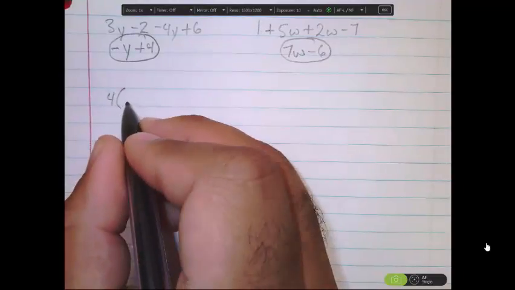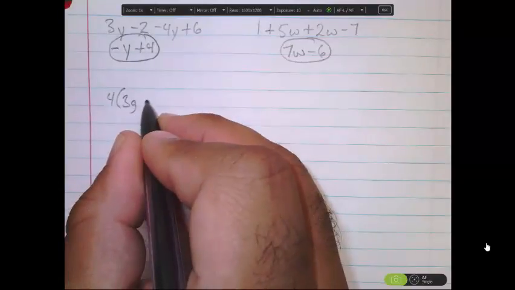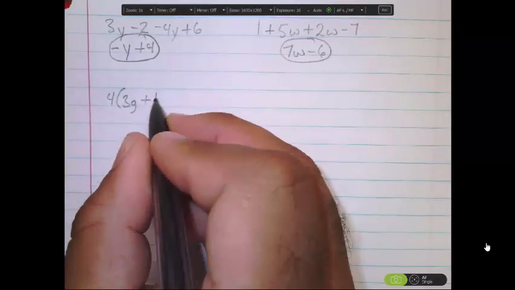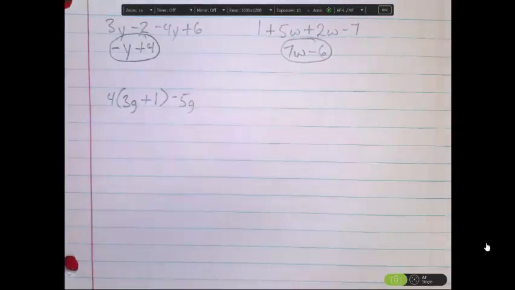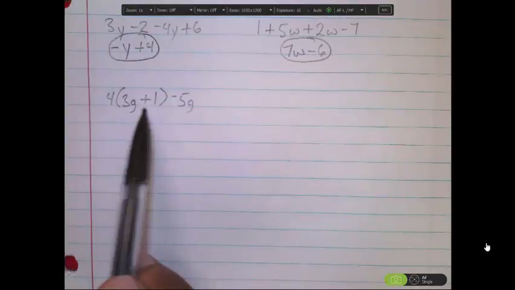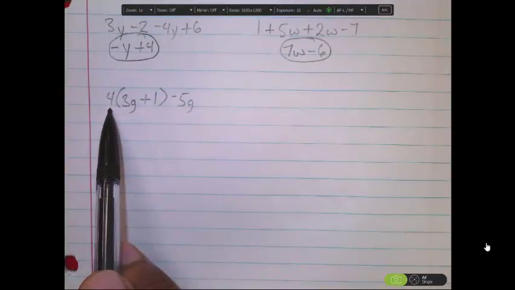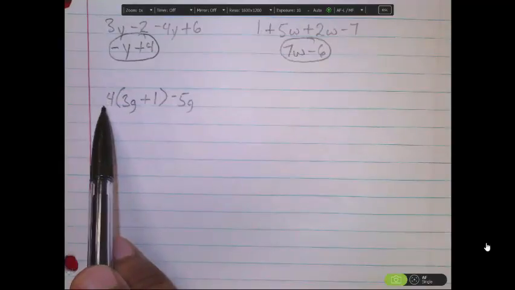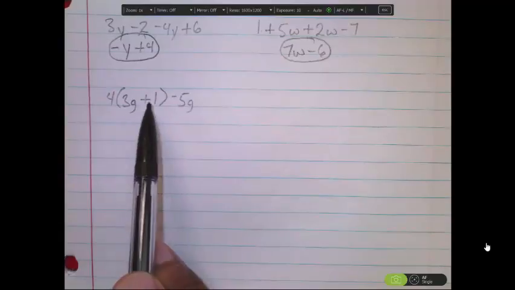Let's do 4 times the value of 3g plus 1 minus 5g. All right, and step number 1 is to undo this distributive property. And I told you that undoing distributive property is as easy as multiplying the outside number, in this case the 4, by each of the inside terms.